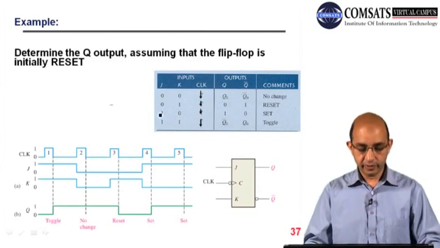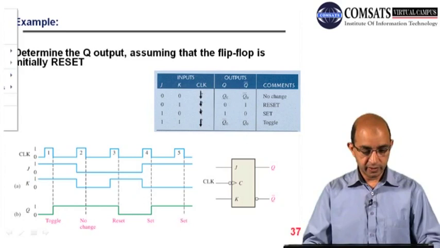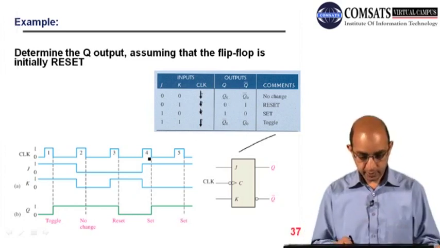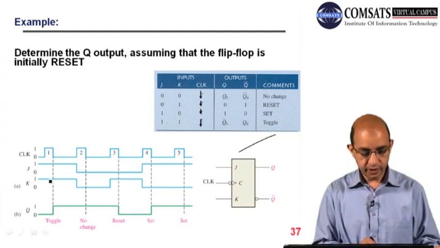So here is another example in order to learn more about the JK flip-flop. We have to determine the output Q. Reset means we have a 0 at Q. So here you can see that we have J, K and Q, and the flip-flop is in the 0 state.